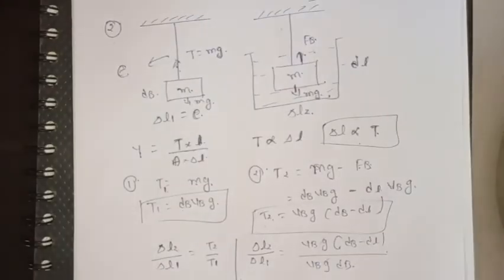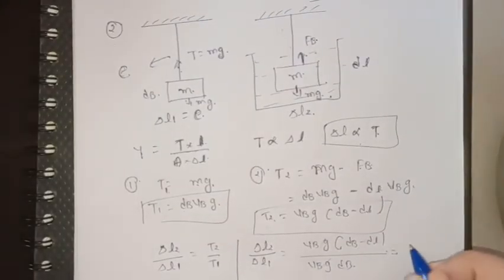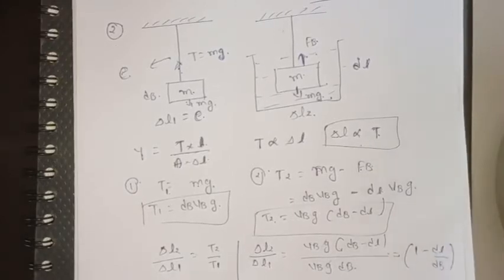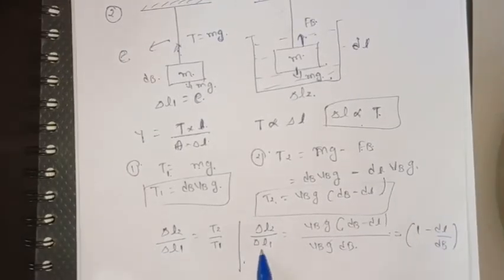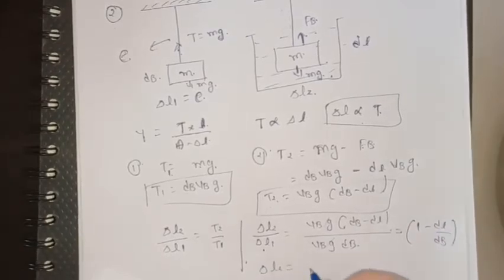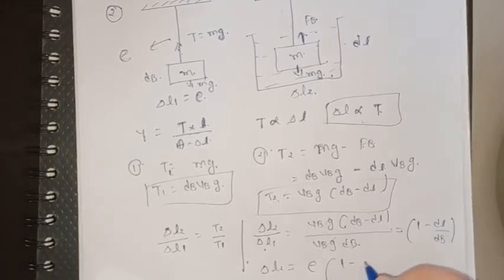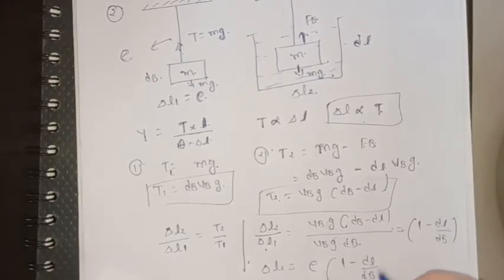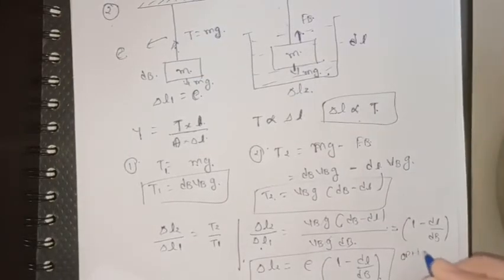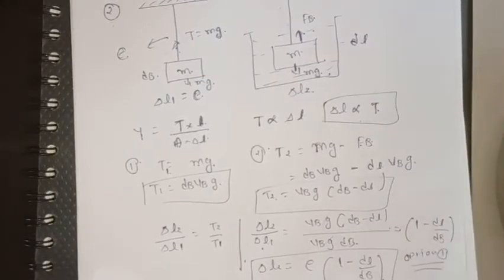This Vbg will be cancelled out, so it is equals to 1 minus density of liquid divided by density of body. Elongation in first case is given E, so delta L2 will be E into 1 minus density of liquid divided by density of body. So option 1 is correct option.